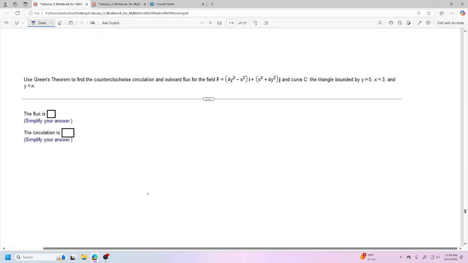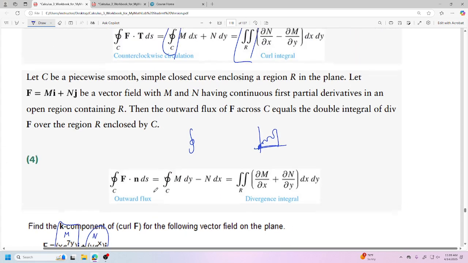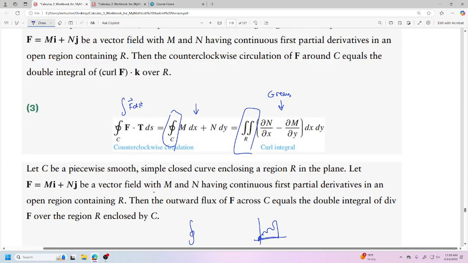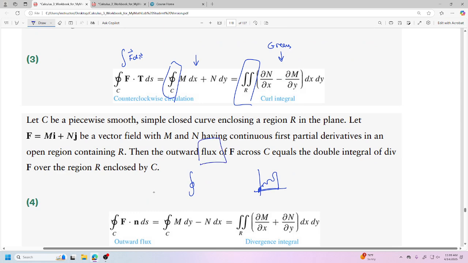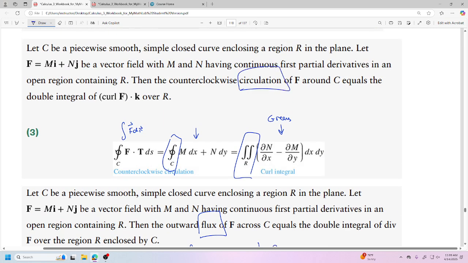So I have to remind you about these formulas, okay? So flux and circulation. Let's go back up to the top and see which one they're talking about. Right here, flux is this one, and circulation is this one. So I'm going to rewrite it down there.